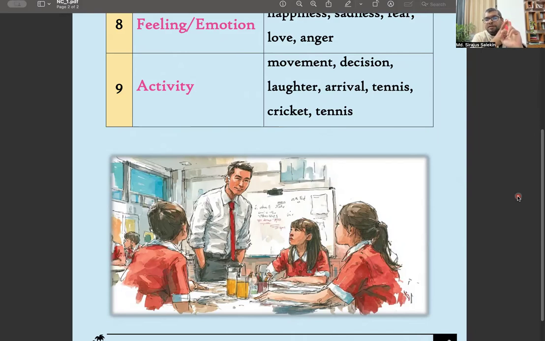From this definition, in my later video, I will discuss the five types of noun, that means proper, common, collective, material, and abstract. And finally, I will discuss countable nouns and non-countable nouns. That is very important in any competitive exam.